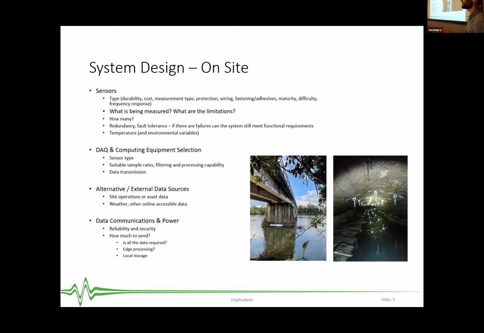Do you need to protect sensors, cables, equipment from weather, animals, people? And fastening, adhesives, maturity of sensor technology, the difficulty of installing it, and then other parameters around frequency response, and making sure that what you're choosing can measure something that's suitable to feed through the rest of the analysis.